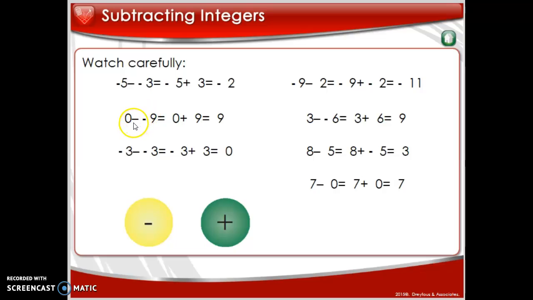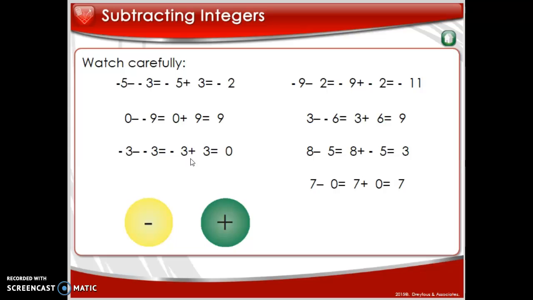Now we have 0. 0 doesn't have any sign. 0 minus negative 9. Change to an addition and the opposite of negative 9 is positive 9. 0 plus 9 is 9. Negative 3 minus negative 3.